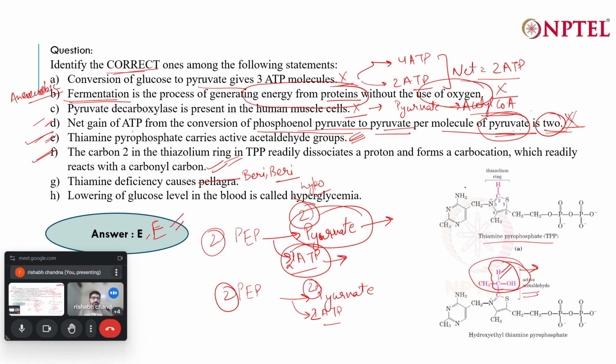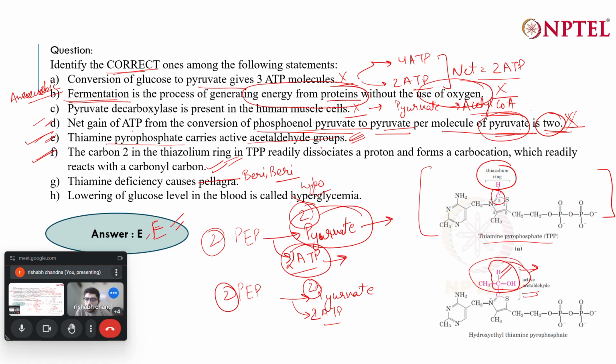So as you can see in this image, this is the TPP molecule that is shown. Okay, this is a thiazolium ring, and here the second carbon is the carbon through which an active aldehyde is attached. Okay, so the E option says that the thiamine pyrophosphate carries an active aldehyde group.